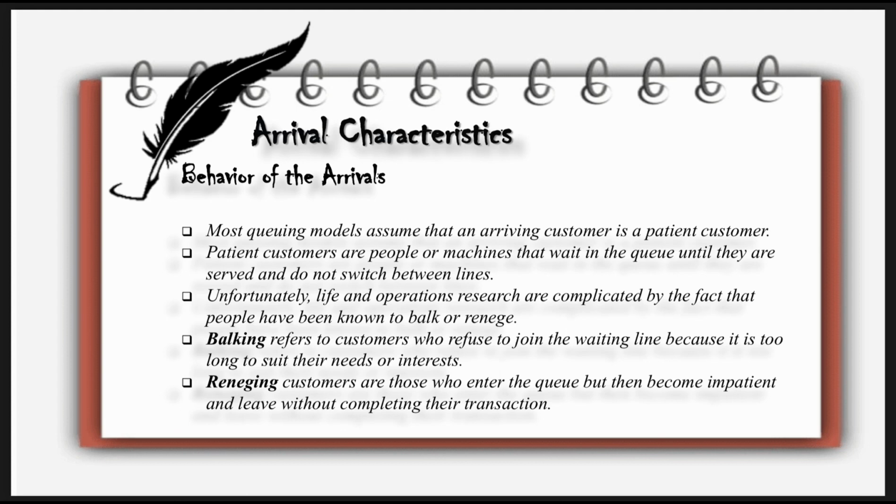Even in fast food chains, when you are very hungry, or you have a hectic schedule, and the line is so long, you simply leave and find an alternative where you can eat. Because you cannot wait in such a line, especially if you're dealing with such a hectic schedule.